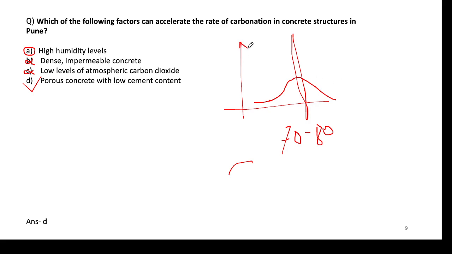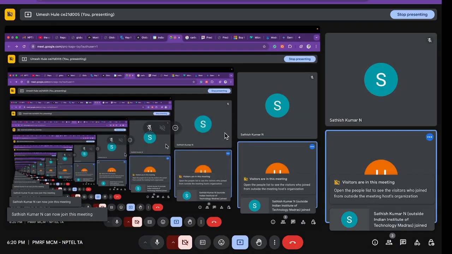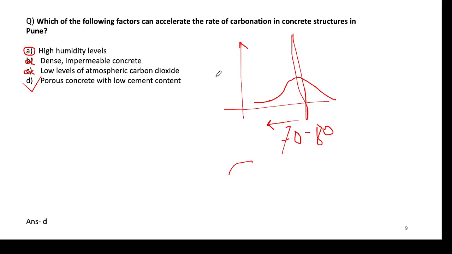Let's say this is the carbonation rate, for example K, and this is RH. So now we are seeing that RH and carbonation rate are related. At lower RH levels the rate of carbonation is lower, and also at higher RH, for example nearer to 100, the rate of carbonation is again lower.